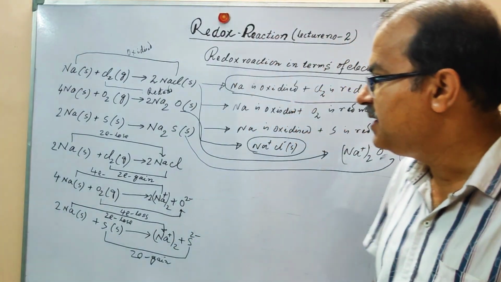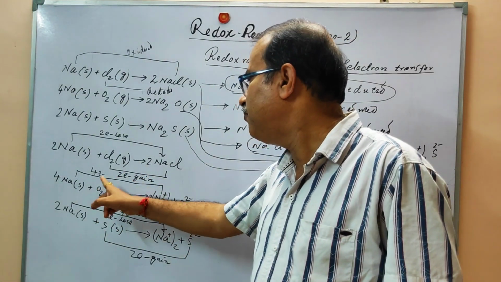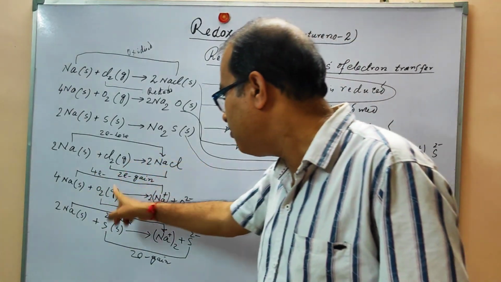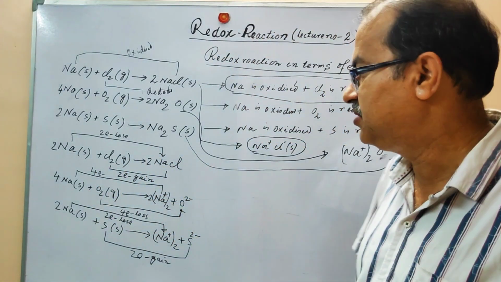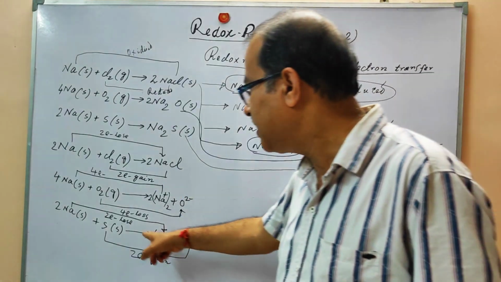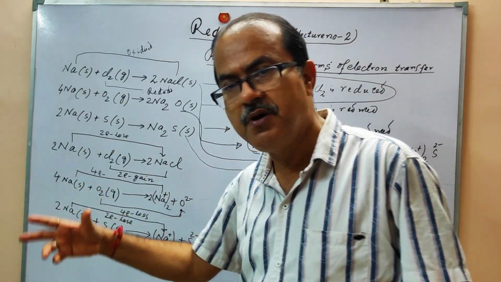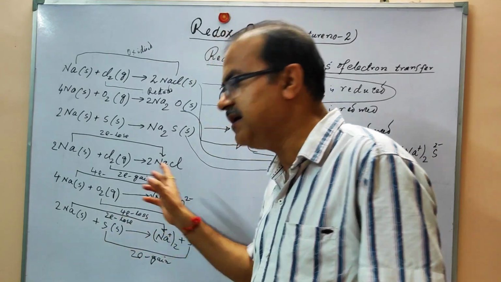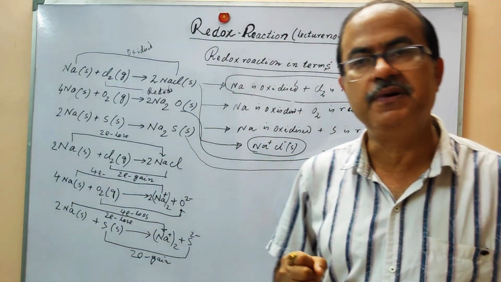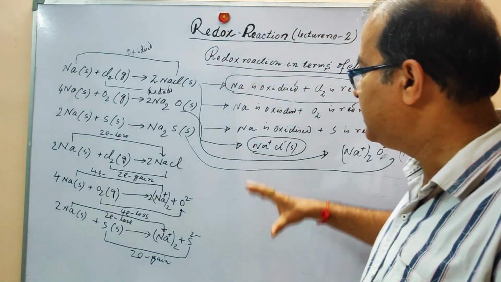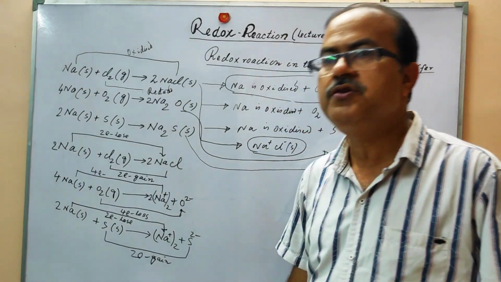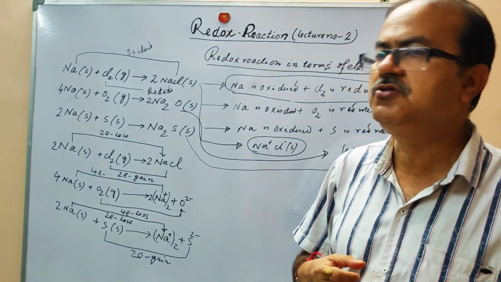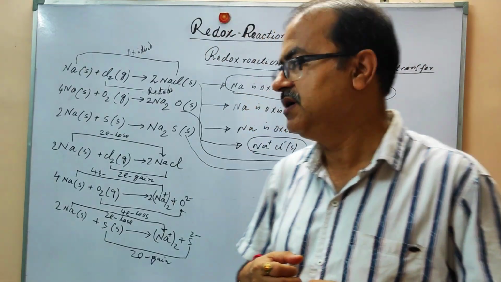In the third also we can observe the same thing: sodium loses 2 electrons and that lost electron has been gained by sulfur. So we can easily understand the electron transfer in the formation of these ionic compounds.